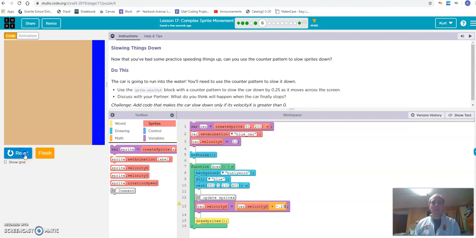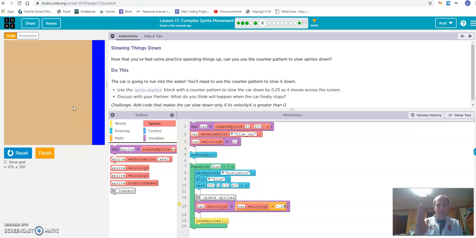If we click on this now, we see the car slow down, but once it gets to 0, it turns back around and goes in the other direction. As I was explaining, a negative acceleration is one that goes backwards. We slowed the speed down until it got to 0, but because we were on the counter pattern, it continually subtracted a quarter. Once it got to 0, it subtracted a quarter, and a negative velocity means it goes in the other direction.